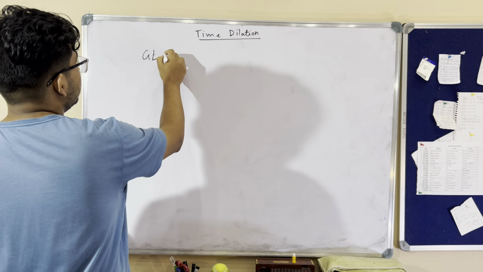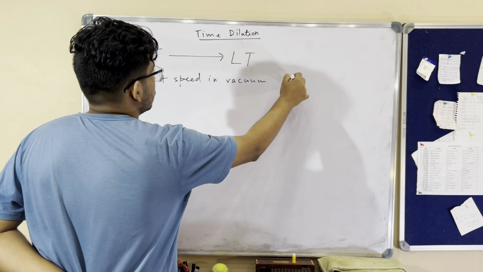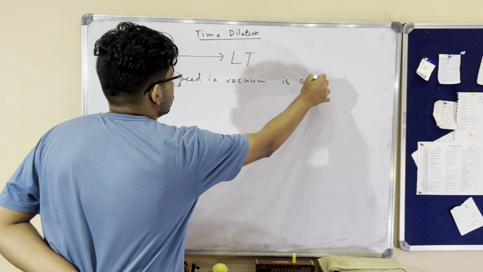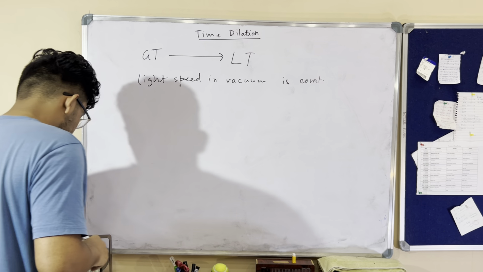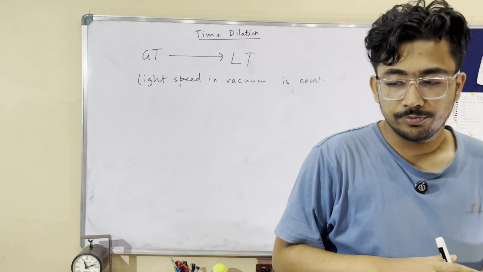And the consequence of that is that light speed in vacuum is constant, or c is constant. In natural units we have taken that to be 1.